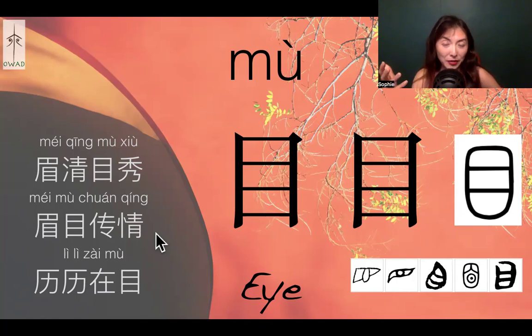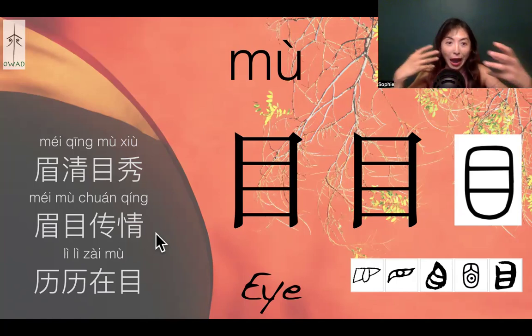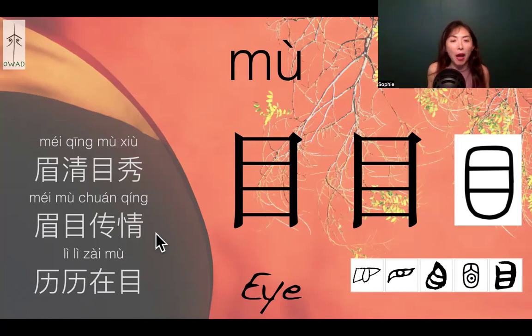Probably in ancient times, the face mask was not a stranger there as well, to kind of hide your identity a little bit. And therefore the whole interaction, without your other body language, falls onto your eyebrows and your eyeballs. And then we use that to 传情, to pass feelings.